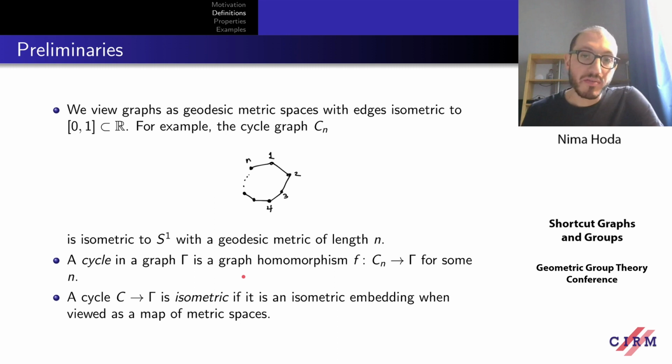A cycle in a graph is a graph homomorphism from a cycle graph C_n to Gamma; sometimes this is called a closed walk. A cycle in a graph is isometric if it is an isometric embedding when viewed as a map of metric spaces. So you have a continuous map between two geodesic metric spaces, and it's an isometric cycle if this map is an isometric embedding.